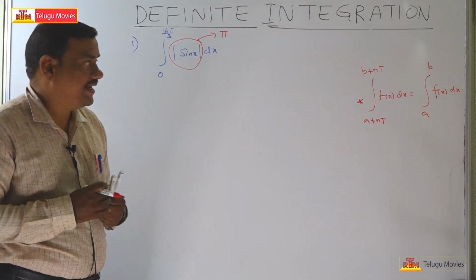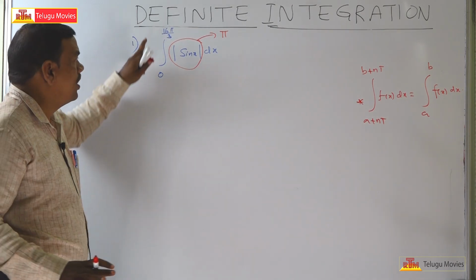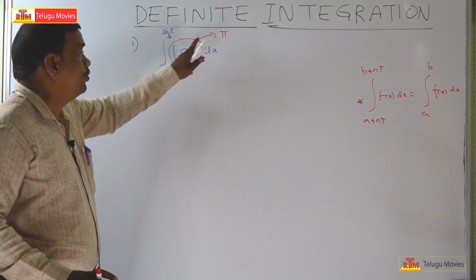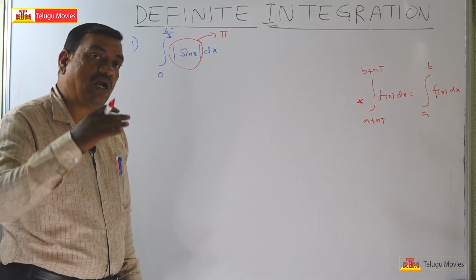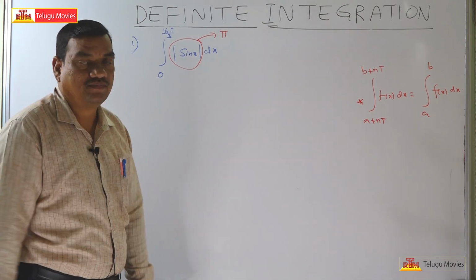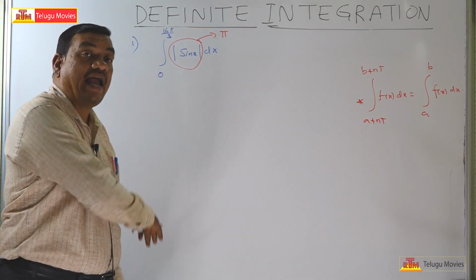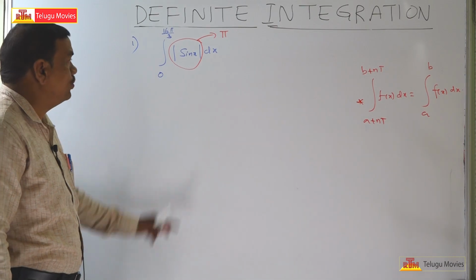Already we explained here. Now here, the lower limit is 0. In the upper limit you have to get pi or 2 pi or 3 pi or 4 pi or 5 pi or 6 pi, whatever it may be, something like n pi, so that we can take n outside. Then how to do that?